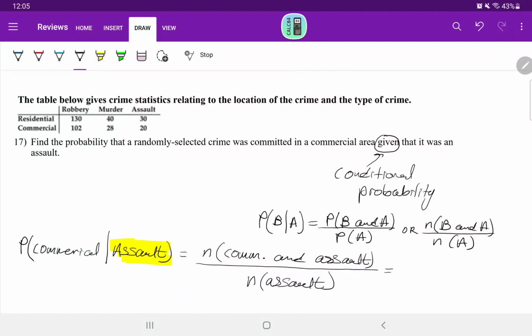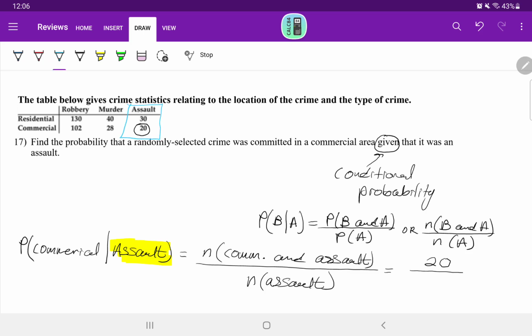Now, let's focus on the numerator first. Commercial and assault. Commercial's here. Assault is there. 20 crimes are both an assault crime and it happened on commercial property. Divided by the total of assault. This right here is assault.